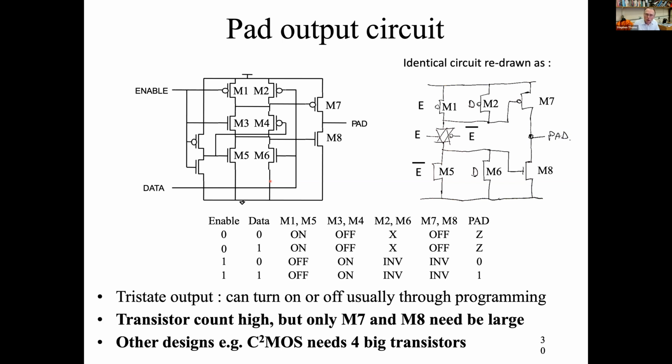If the enable is low, then that will turn M5 off and M7 off, and essentially the pad becomes high impedance. So, okay, it needs a reasonable number of transistors, but it's a relatively simple circuit and does the job. So that is the output circuit.